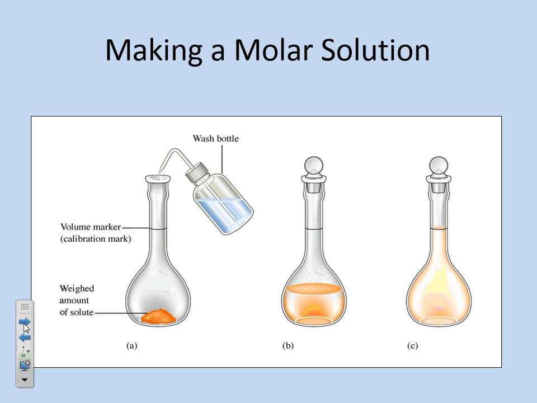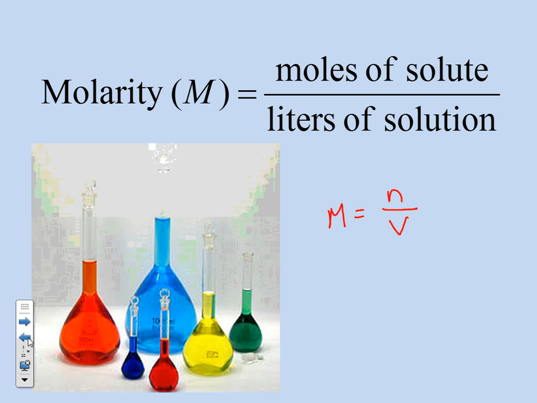When you make a molar solution, it needs to be in a volumetric flask. So in this illustration, we see a lot of various sizes: 500 mL, 1,000 mL, 250, 100. You'll be using those eventually.